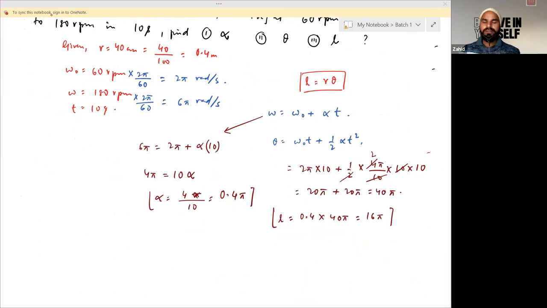Okay, we had started uniformly accelerated motion in circular path.